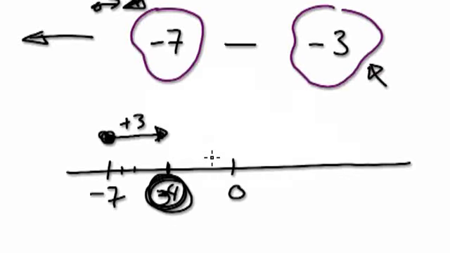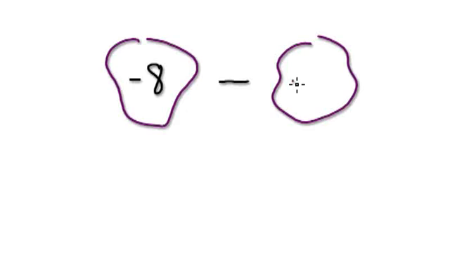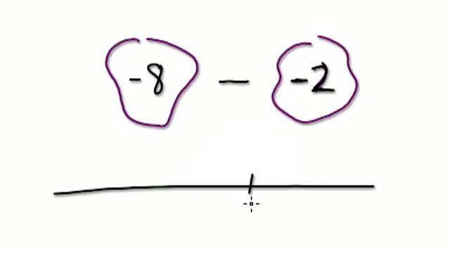So if someone gives me something like this, minus 8, and then minus, let's say, another number, minus 2. What I normally do is, well, what is this? Minus and minus. Let's stick in our starting position. This is our starting position, minus 8.